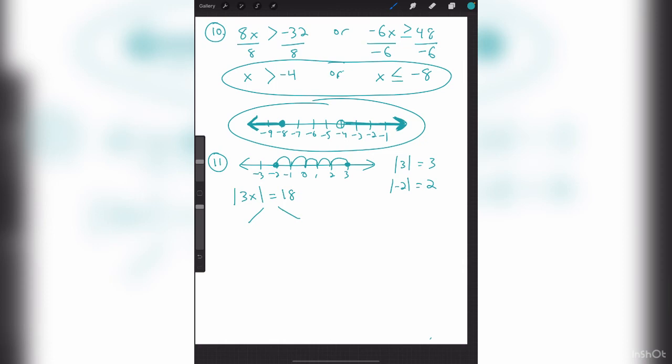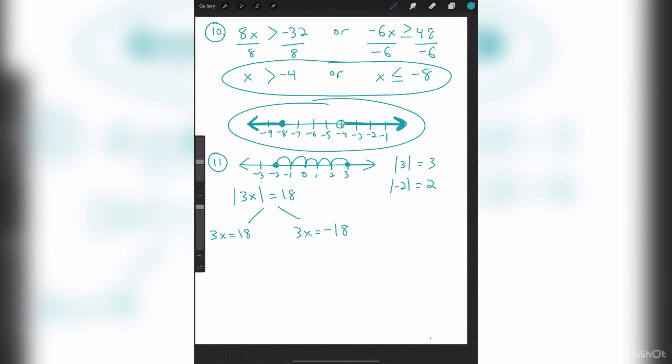So the first thing you would do is, you would take 3x equals 18, okay? And then you would also write 3x is equal to -18. You would write the positive version of the answer as well as the negative version of the answer. And that might be confusing, but that's just the procedure of what you would do here, okay?